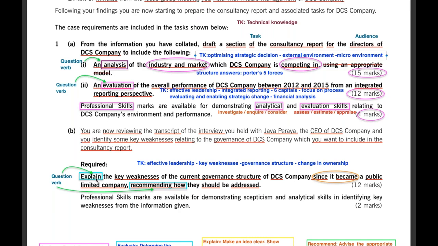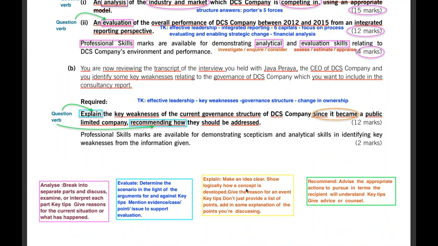You are asked to explain. What does explain mean? You make clear, showing logically how a concept is being developed. So you are not just to provide a list. You are supposed to give the reason for an event, and then add some explanation of the points that you are discussing.